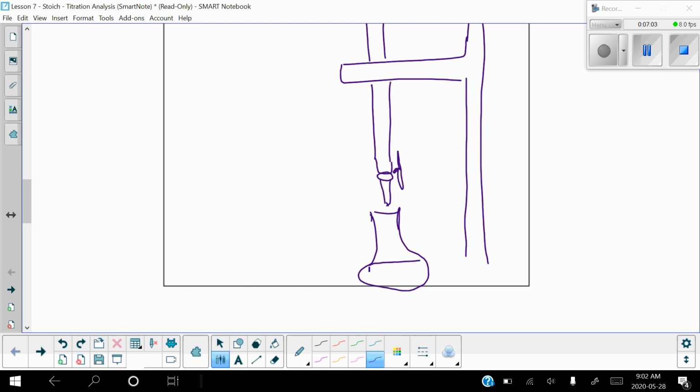In the flask, you place the sample. Okay, so the sample starts in the flask in the beginning. Then in the burette, you will have your titrant.